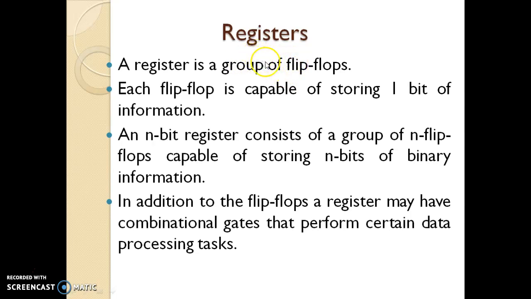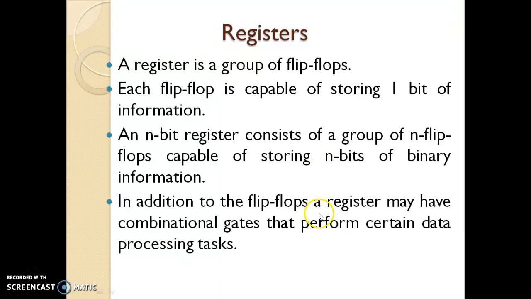There are other sequential circuits also, which can be considered as counters and shift registers. So here we have a registers discussion. A register is a group of flip-flops. Each flip-flop is capable of storing 1-bit information. So obviously an n-bit register consists of a group of n flip-flops storing n bits of binary information.